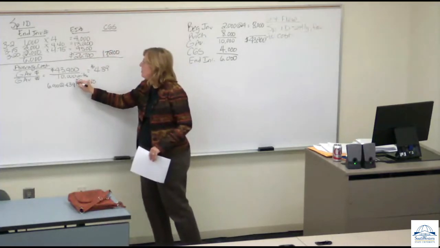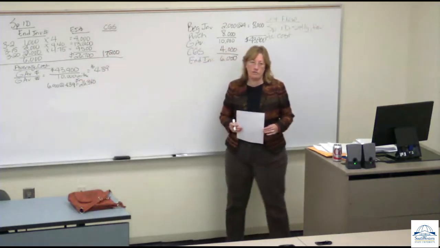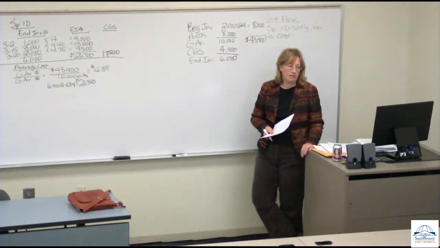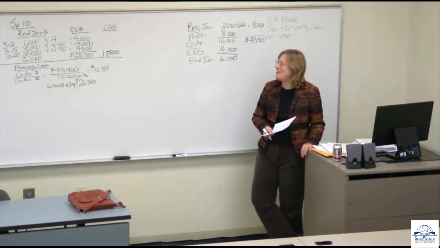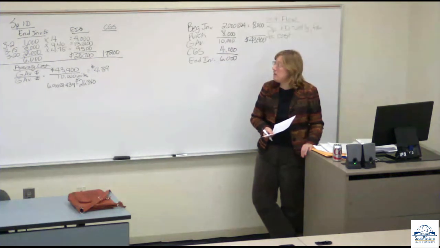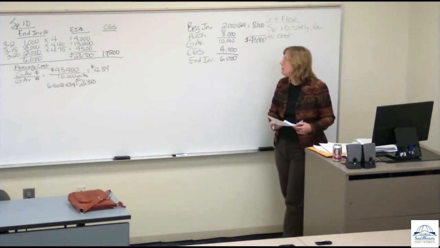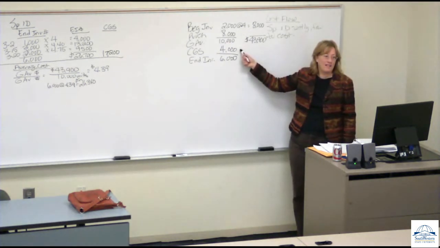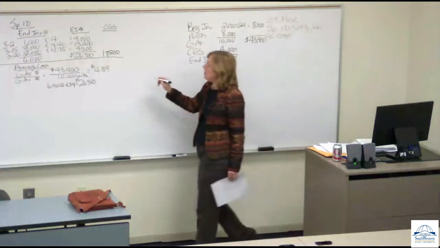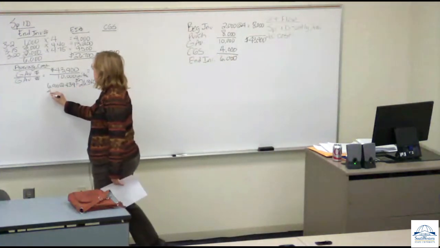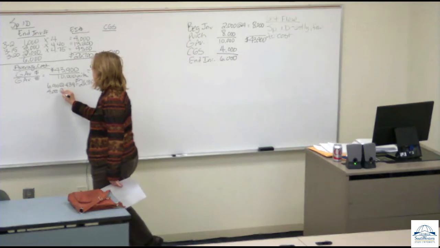Then how much is our cost of goods sold? Jeremy, you're getting this one. How many items did we have in cost of goods sold? Up here. 4,000. Okay, so it's going to be 4,000 at how much?